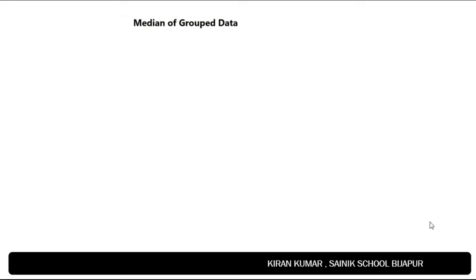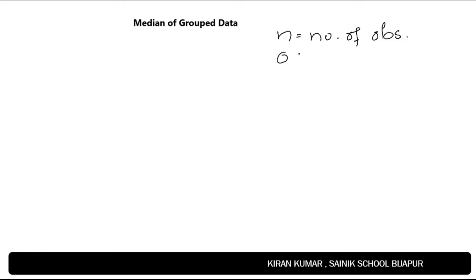Now let us learn how to find the median of a group of data. Before going into the median of a group of data, I would like to mention that you have learned how to find the median in the case of ungrouped data. First, we observe the number of observations.